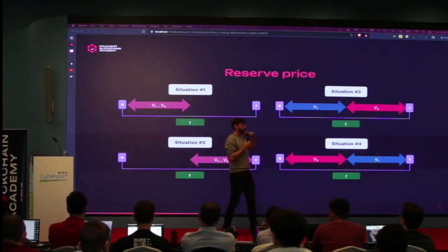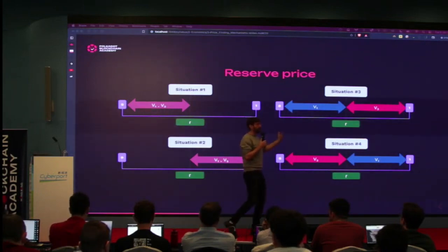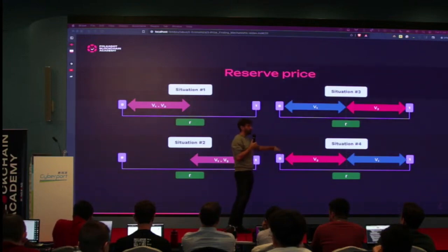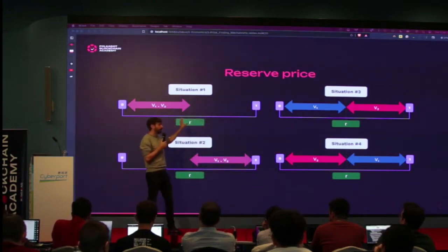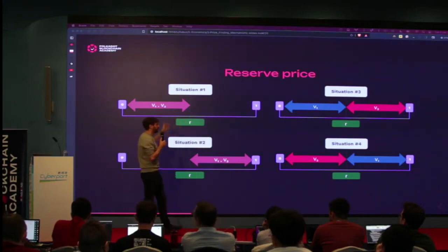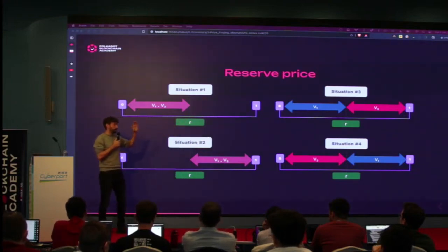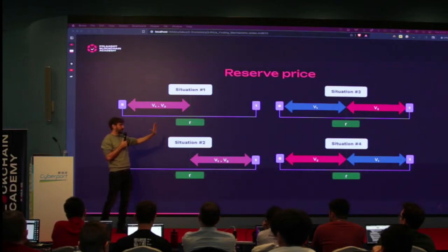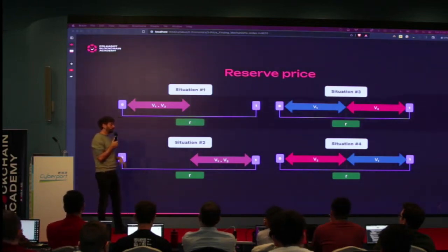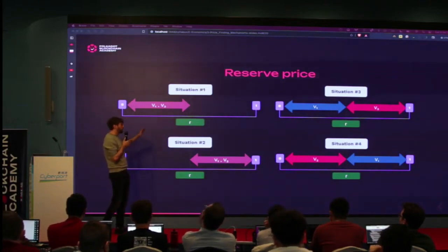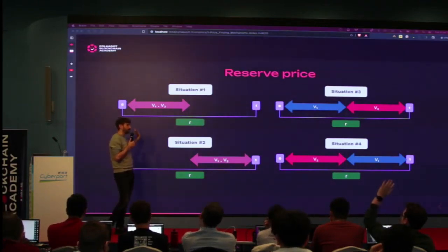But if we talk about expected revenue, we pretend that we play this game 100 times, right? And in that case, all these situations become equally likely, and then we can see that in 50% of the cases, she actually gains by posting an R, and in 25% of the cases she loses out.